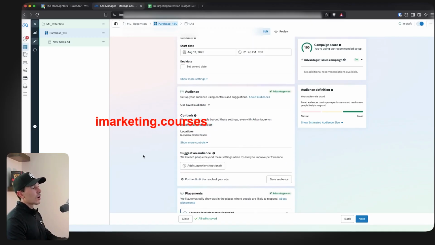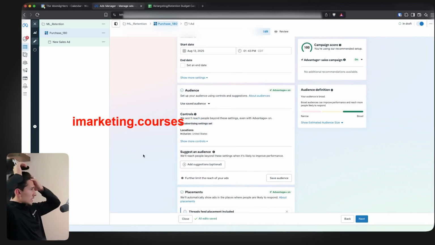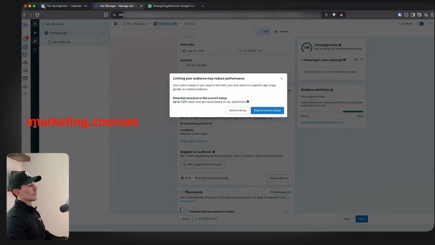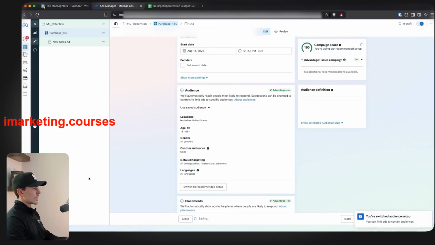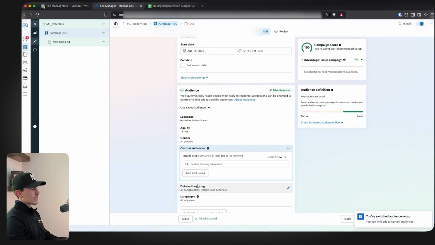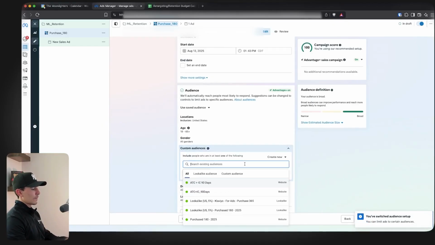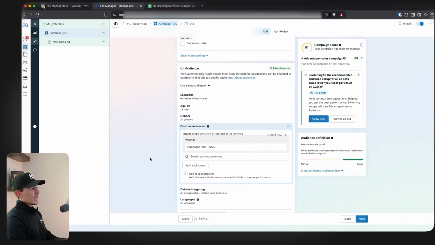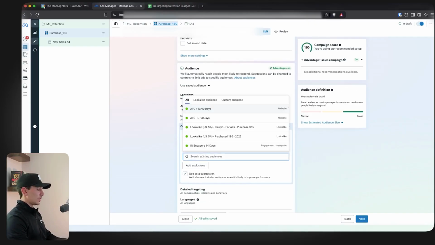Okay, in our audience section, very important, very similar to our retargeting setup here. We're going to click further limit the reach of our ads, switch the setup. In our custom audience section, we are going to then push in our purchase 180 days. So we purchase 180. And then you also want to pull in your Klaviyo purchase 180.